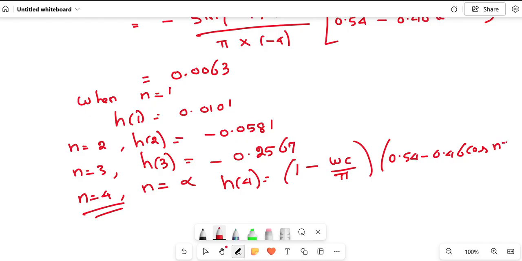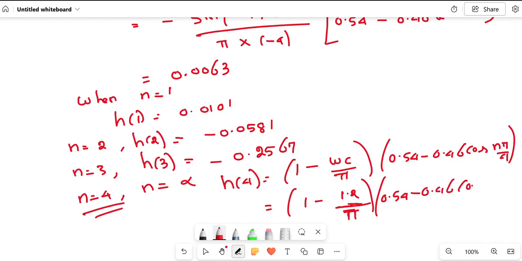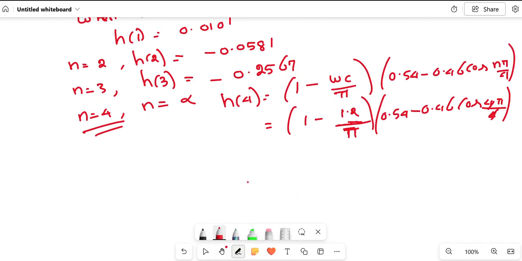So, you can substitute 1 minus 1.2 by pi, into 0.54 minus 0.46 cos 4 pi by 4. So, 4 will be cancelled, and this will be cos pi. Simplify, you will get 0.6180.